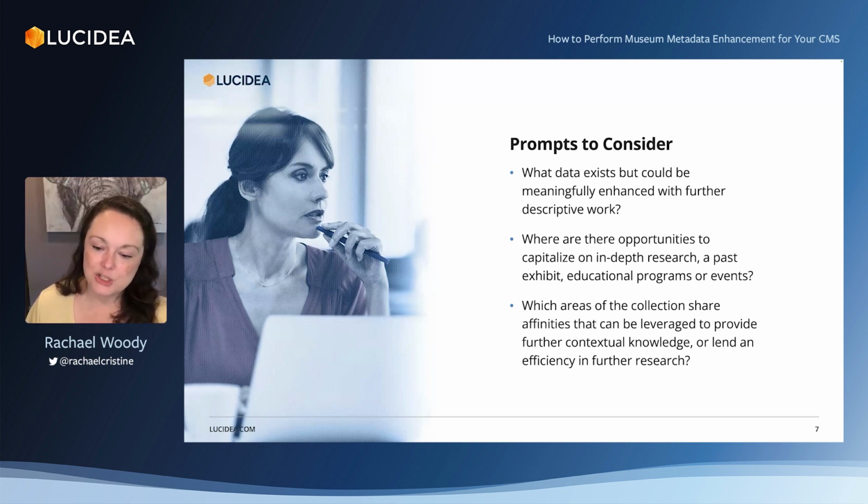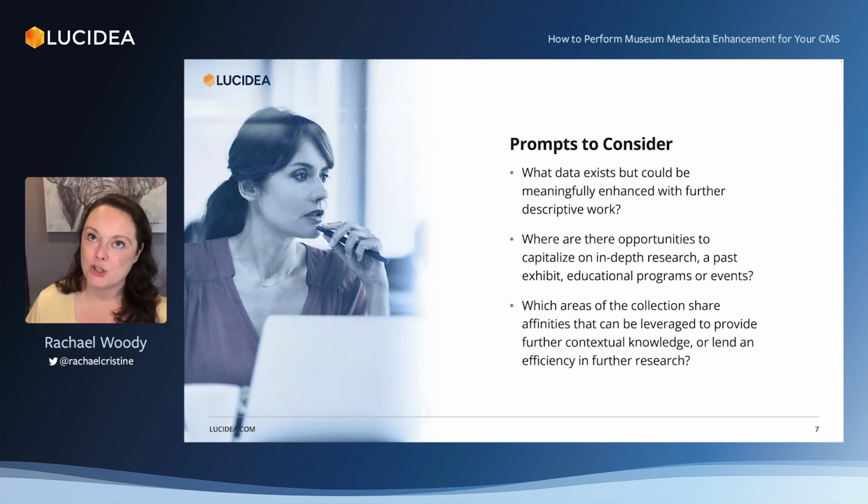Third prompt: which areas of the collection share affinities that can be leveraged to provide further contextual knowledge or to lend efficiency in further research? These are areas of the collection where there could be a connection that maybe only we are aware of because we happen to be stewards of the whole, that may not otherwise be readily apparent.